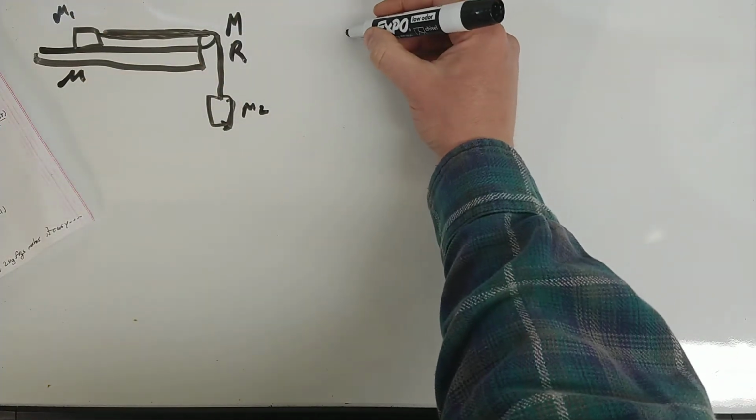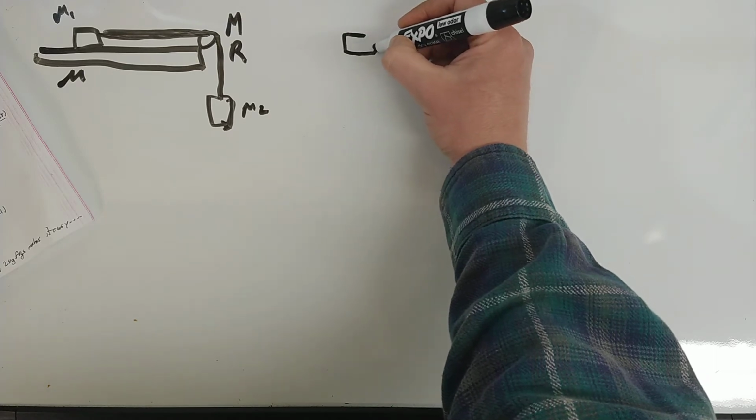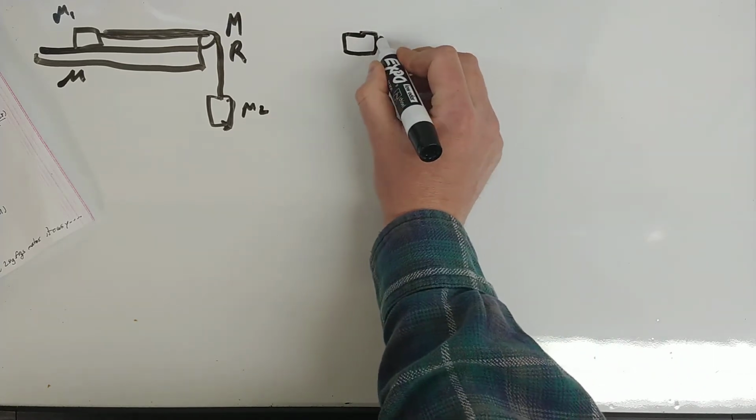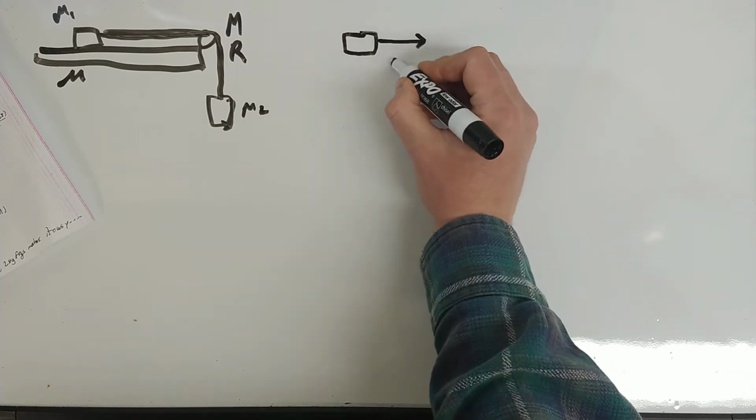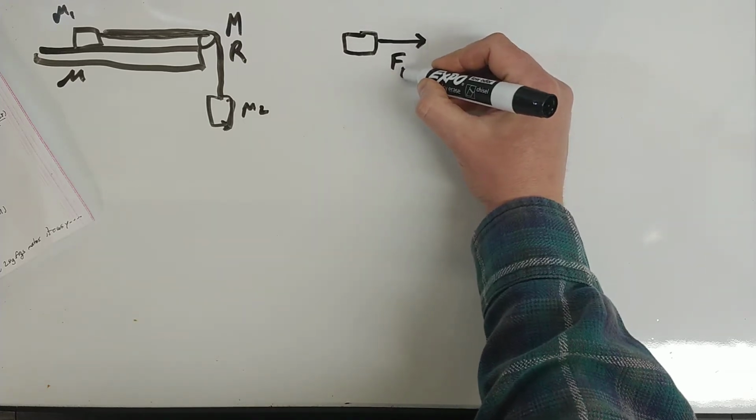So mass 1. It asks for the point of application, which is a force diagram. So there's FT1.